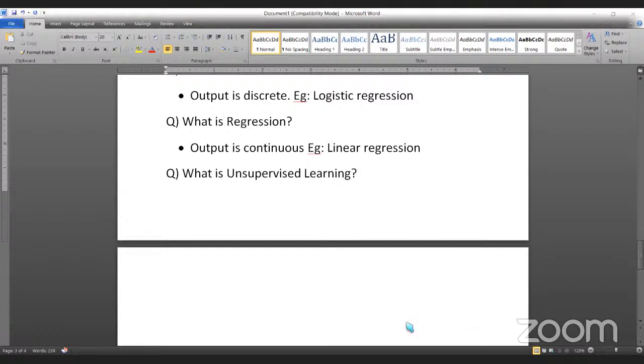In supervised learning, we required supervision to get the pattern from the data.